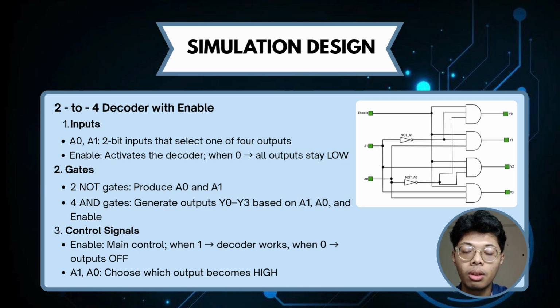If enable is 0, all outputs are low, which means off. And lastly, A1 and A0 choose which output becomes high. These binary inputs decide which single output line, Y0 to Y3, will be set high.